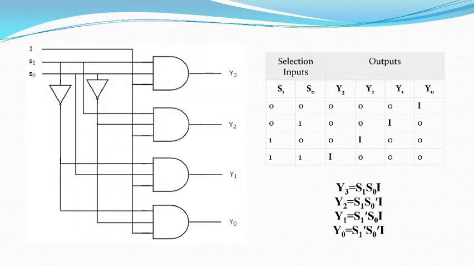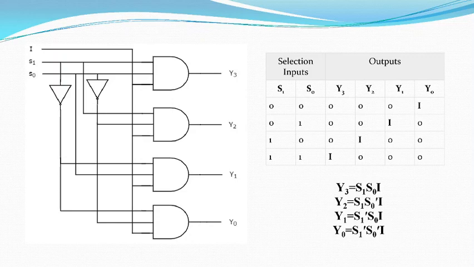Now let us construct the truth table. Here, one input line I, two selection lines S1, S0 and four output lines Y3, Y2, Y1 and Y0.